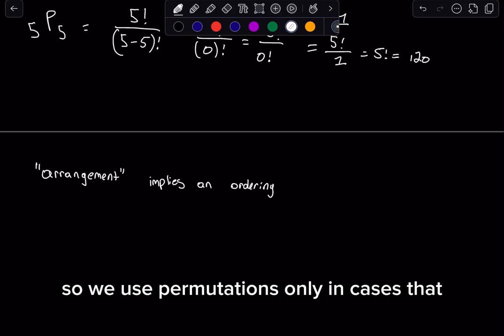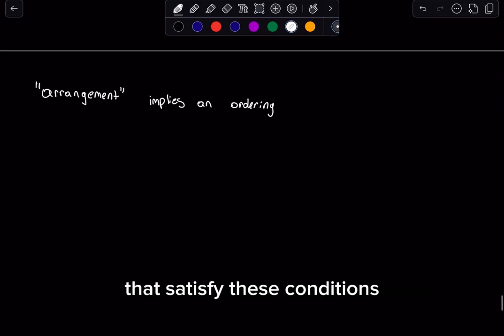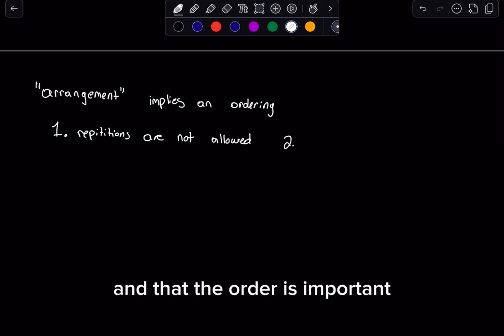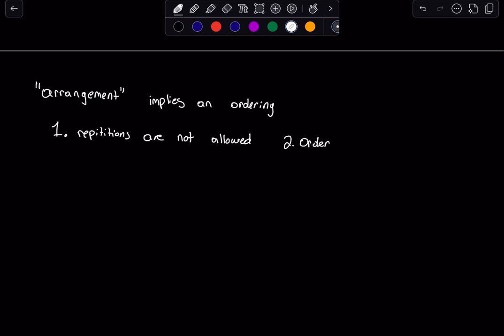So we use permutations only in cases that satisfy these conditions. Repetitions are not allowed and the order is important.